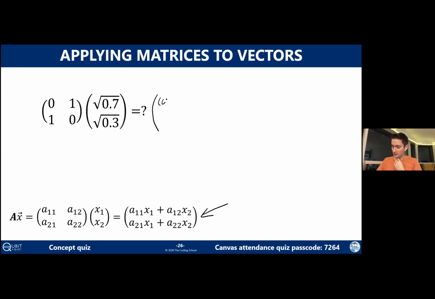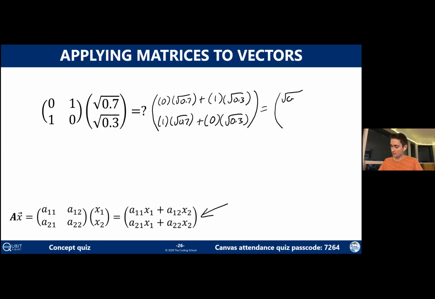So this one is going to be 0 times root 0.7 plus 1 times root 0.3. Okay, so you should have gotten something like that. And then if you carry out the computation, the multiplication here is really easy because everything's just times 0 and times 1. And you should get that the answer is root 0.3, root 0.7.